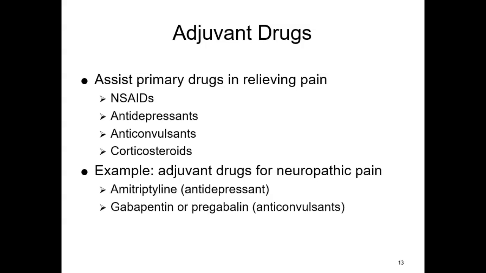There's an old commercial where it said depression hurts, Cymbalta can help. So anticonvulsants, so that would be things like gabapentin and some of the others, and corticosteroids to reduce inflammation. So again, they're not working by themselves. They're working in conjunction. They are additive, so adjuvant drugs.